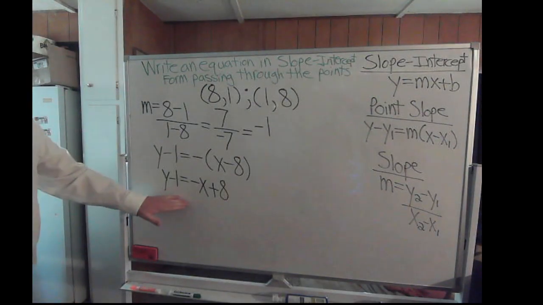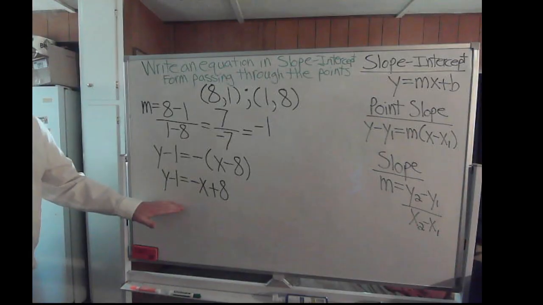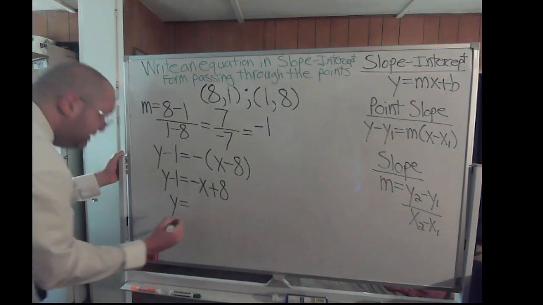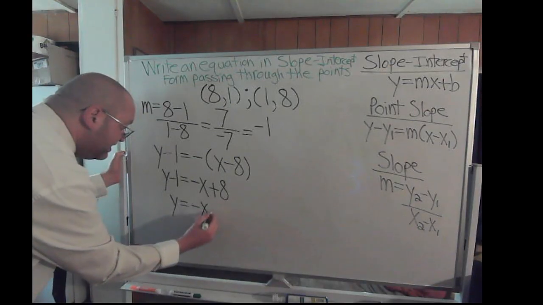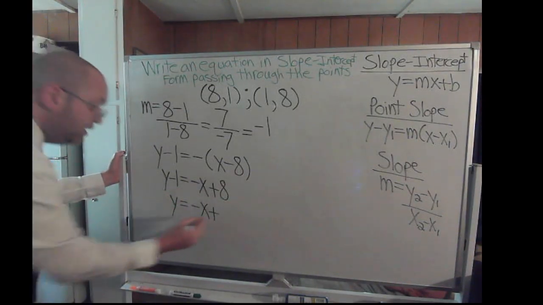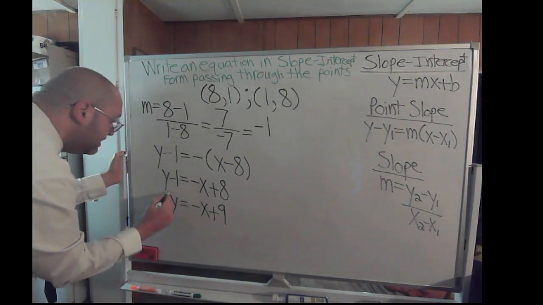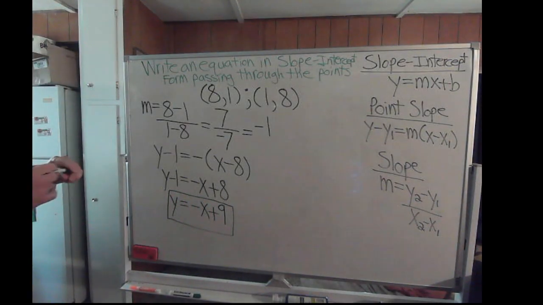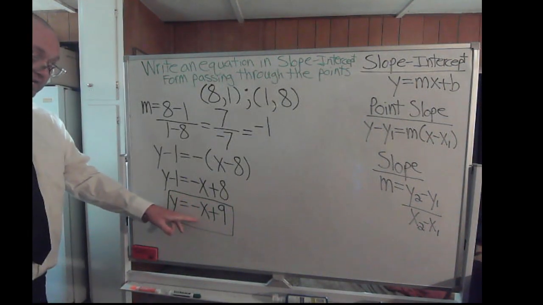We have y minus 1, we want to get y by itself. In order to do that, we need to add 1. If you add 1 to the left, you just get y. That'll be equal to negative x. Then you have plus 8 plus 1, that'd be 9. So the slope-intercept form of the equation you should get is y equals negative x plus 9.